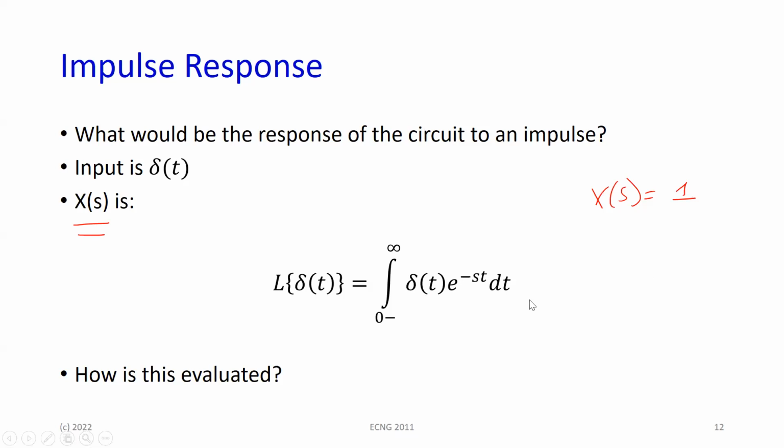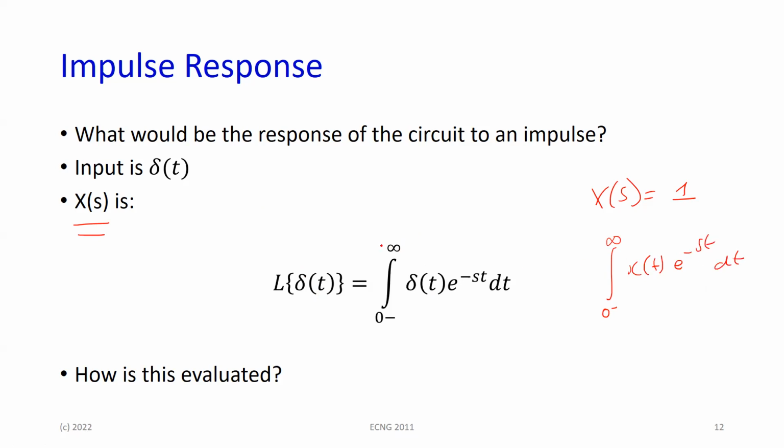We have the proof here, and we'll go through this again when we review the Laplace transform, just for completeness. Remember, the Laplace transform is the integral from 0 minus of the signal x(t) e to the minus st dt.